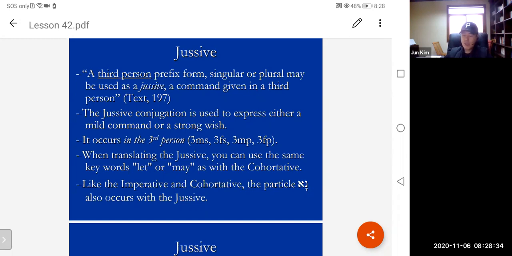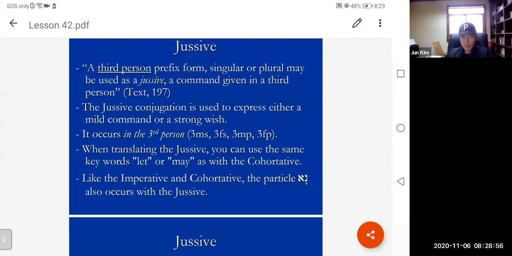The presence of the na particle indicates the sense of a mild command or strong wish. Then the translation will be let him, or may he. So na is another important indicator for the jussive. Clear? Okay, let's move on.